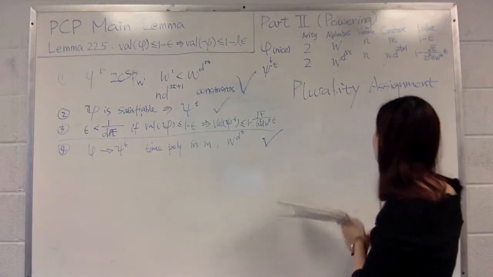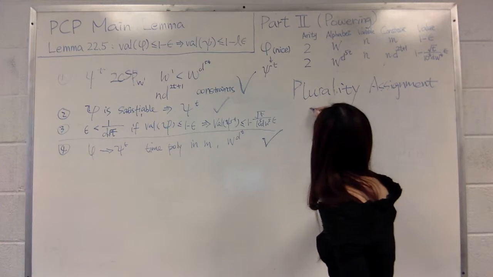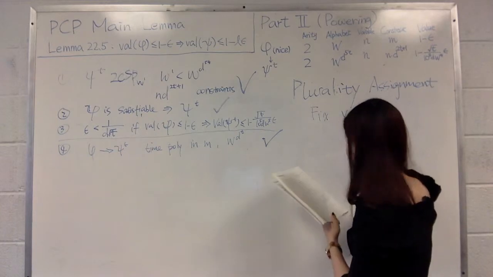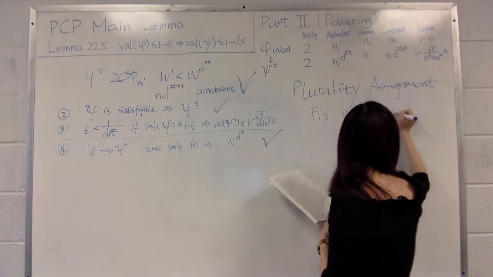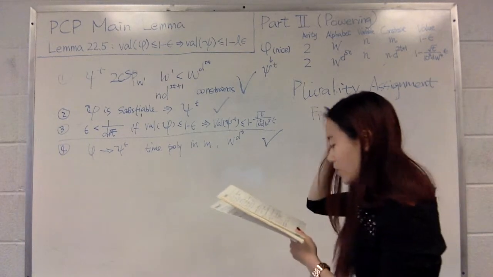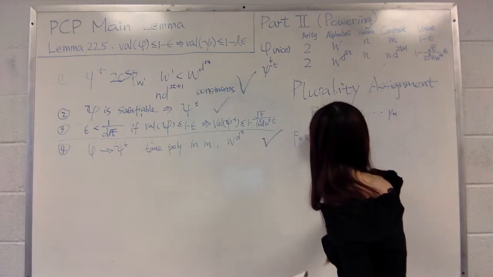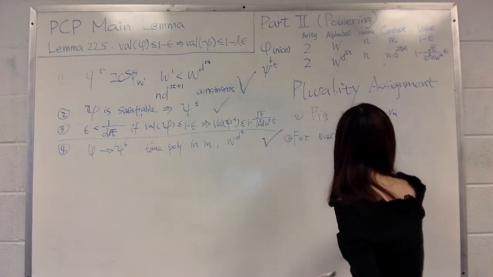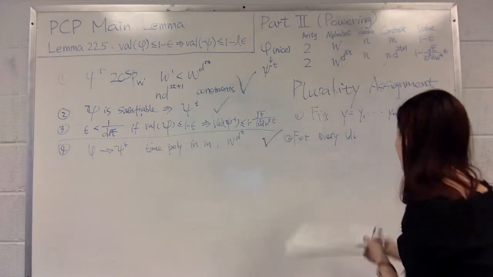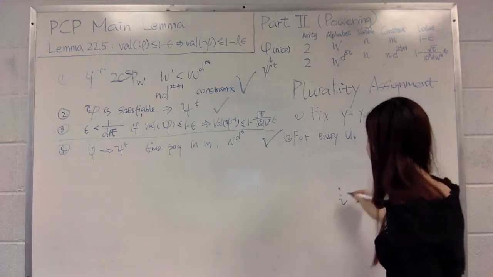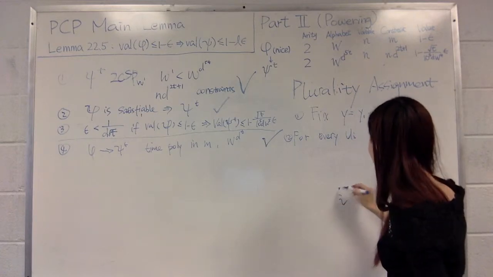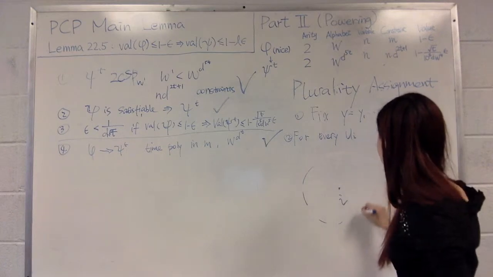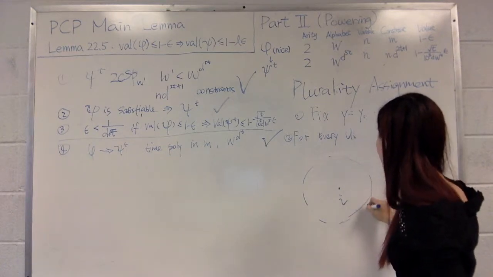So what we do is fix some y and fix an arbitrary variable, and for every ui, since we have this graph, ui will be assigned a value for any node in the radius of t plus square root t steps.